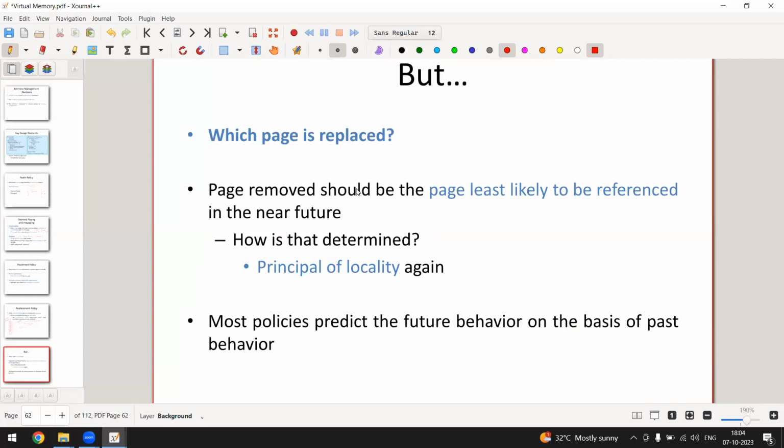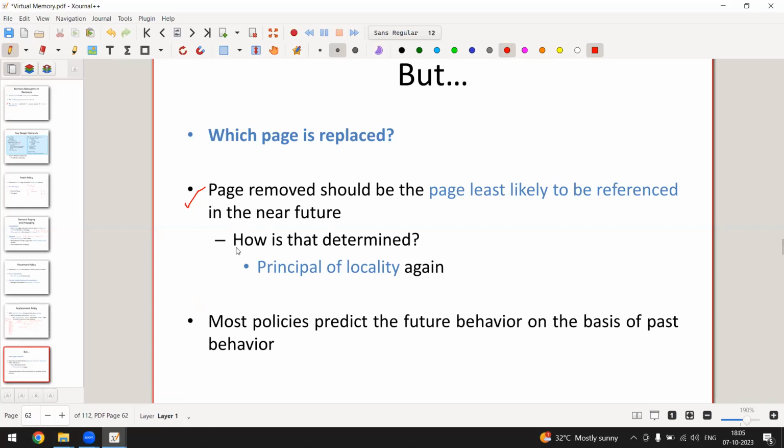When you replace a page, it should be the page that is least likely to be recalled in the near future. This is a very important consideration. Because if you move some page out of the memory, and on the next timestamp it is required, how are you going to access that page again?